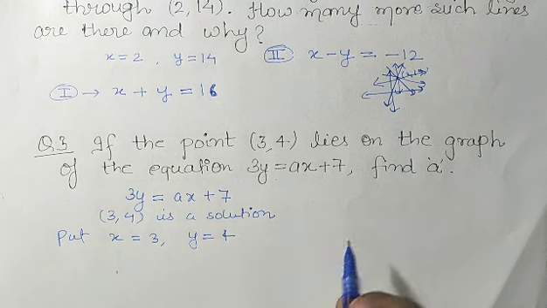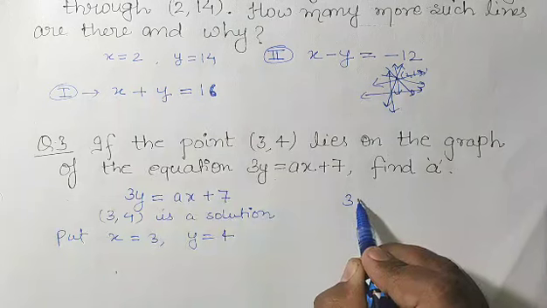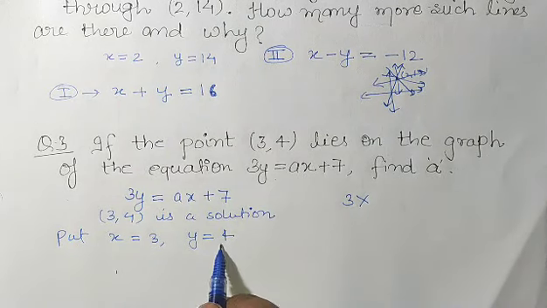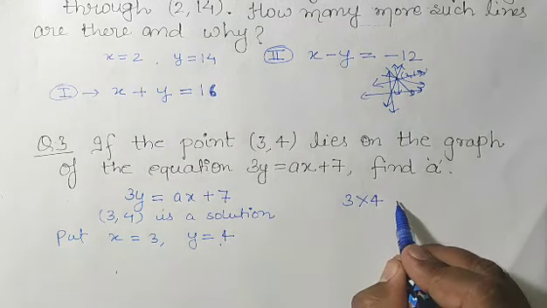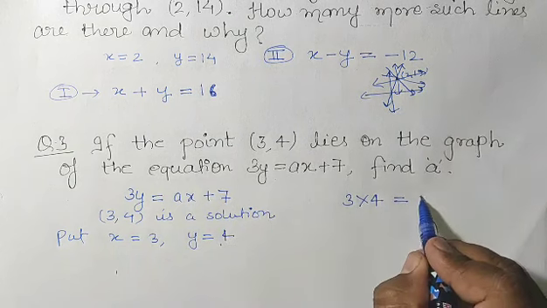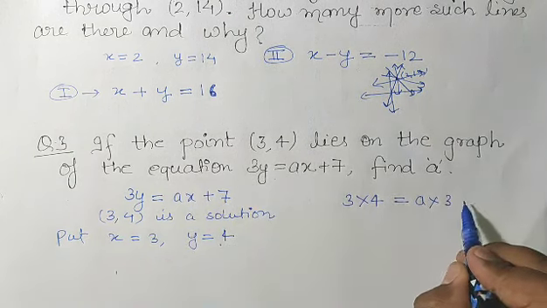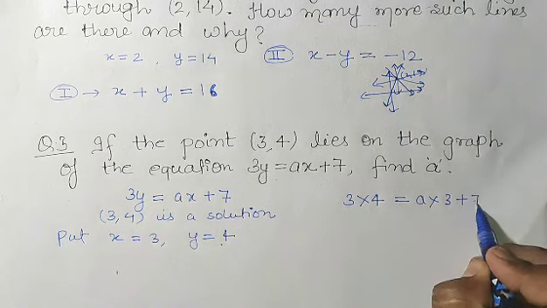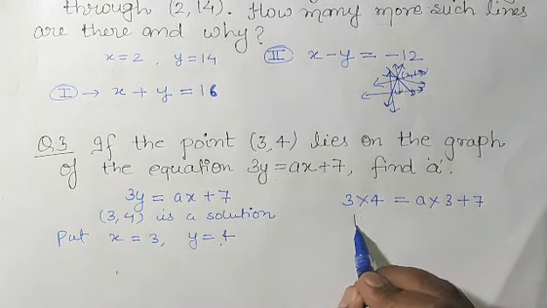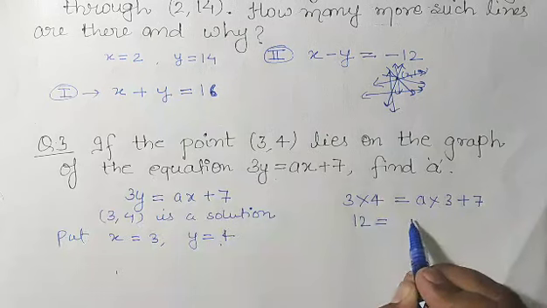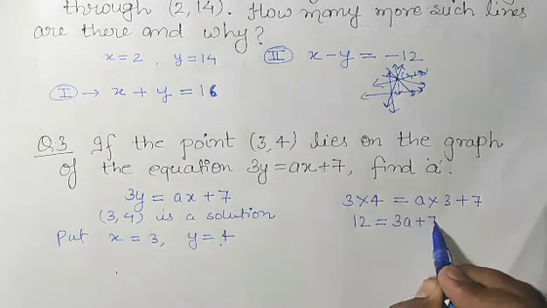So what will you get? You will get 3 into y, y is 4, is equal to a into x, x is 3, plus 7. So 3 4s are 12 is equal to 3a plus 7.